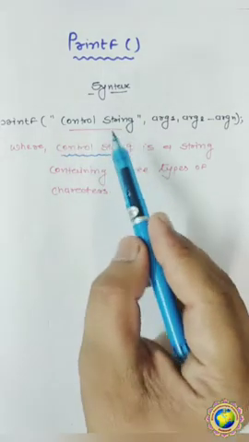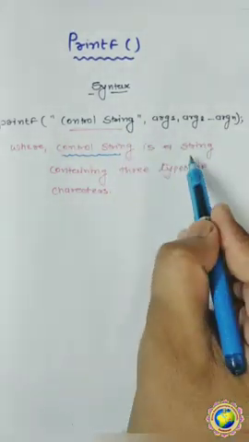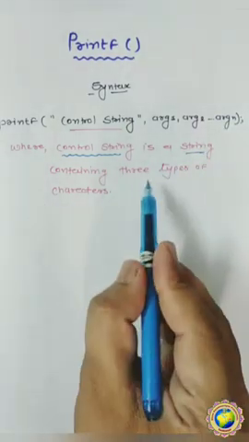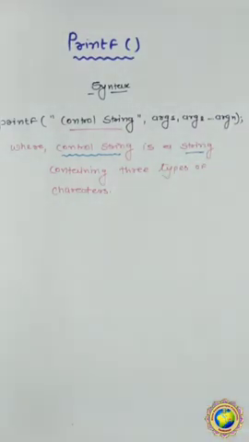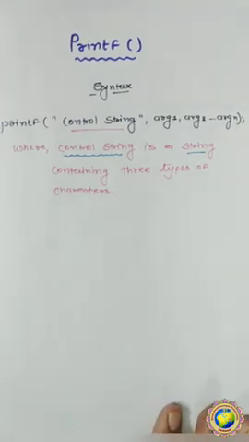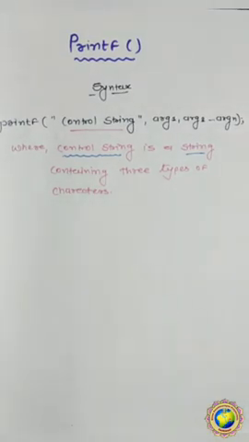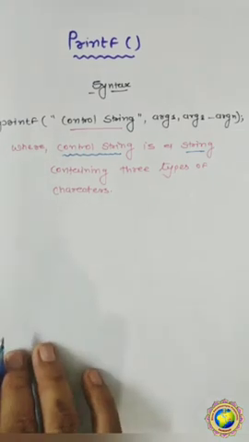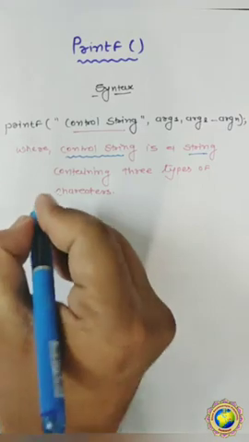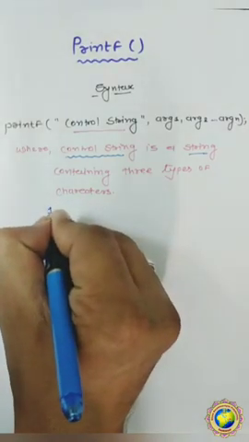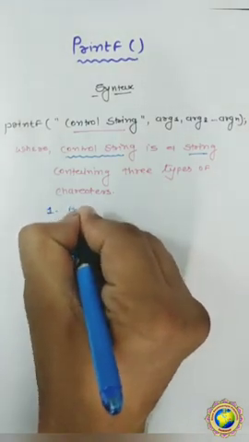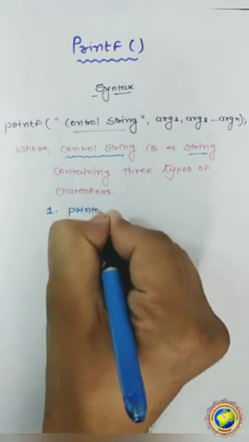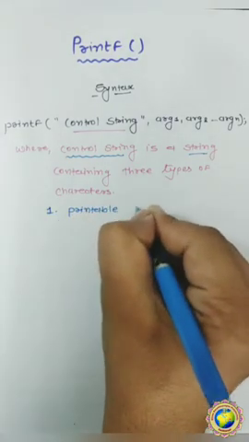તો control string શું છે? Control string is a string containing three types of characters, એટલે કે જેની અંદર ત્રણ પ્રકારના જુદા જુદા characters હોય. તો ચલો જોઈએ. સૌથી પહેલા નંબર 1 એ હોય printable characters.